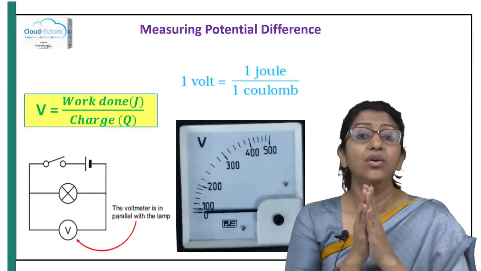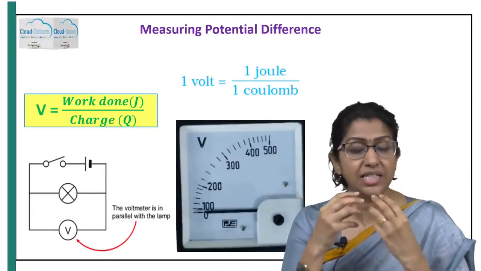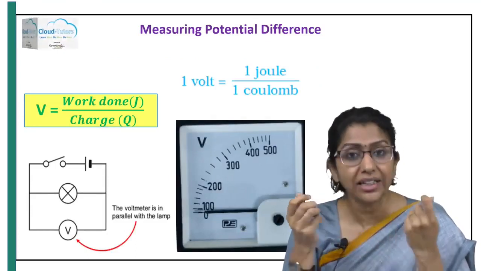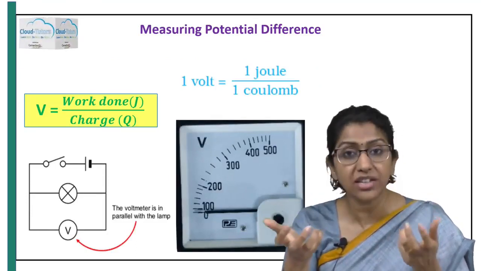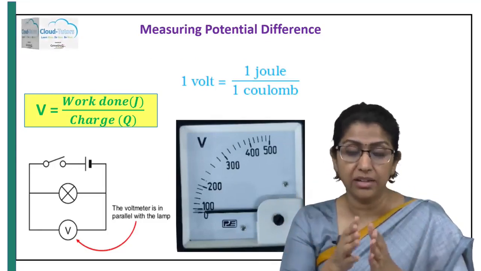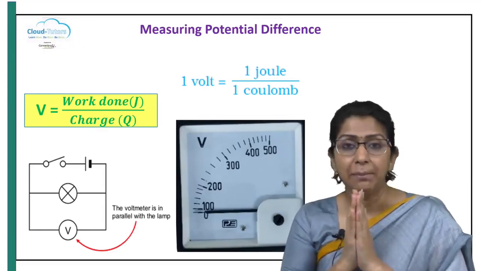Now, how do we measure this voltage or potential difference? Similar to the ammeter, which is a component that needs to be connected in a circuit in order to measure the electric current, we have something called a voltmeter.